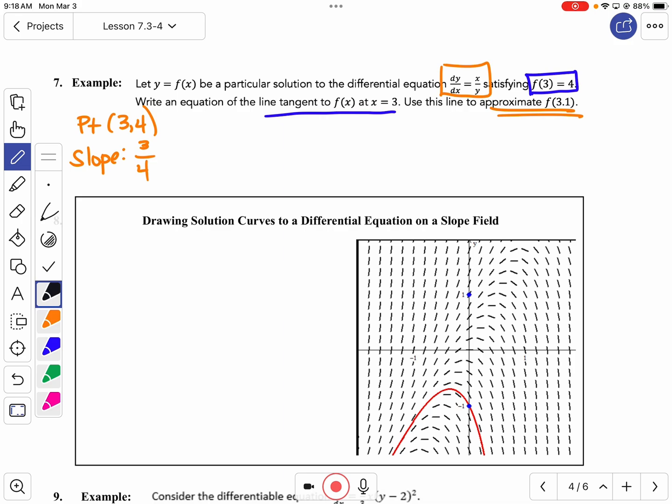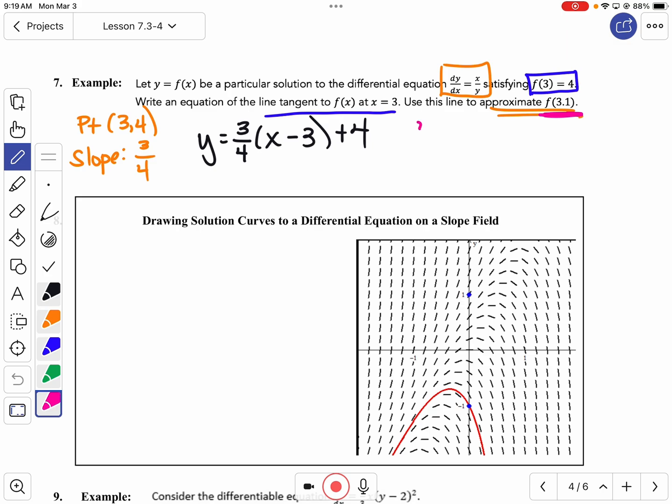So now let's write our tangent equation. y is going to equal, what's my equation going to be? 3/4 times x minus 3 plus 4. Okay, now what it wants me to do is to approximate f at 3.1.